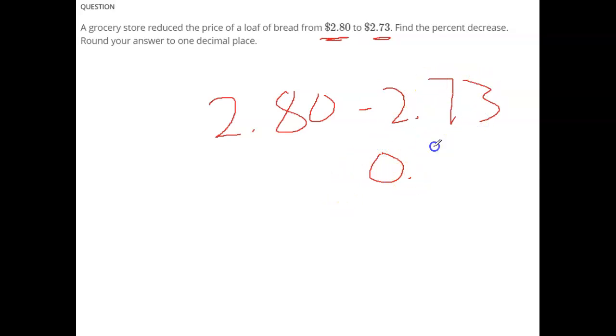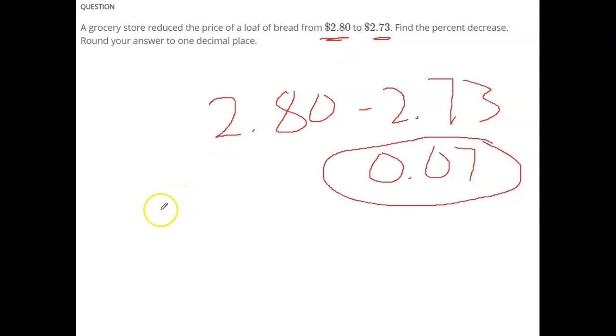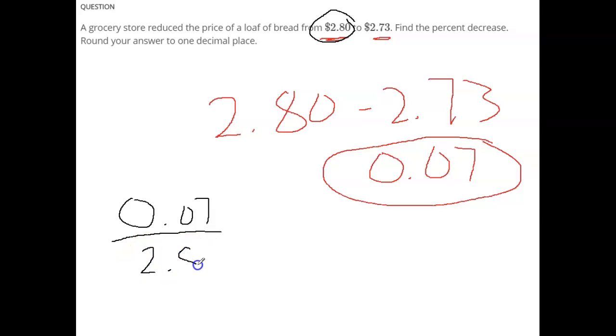The cost has gone down by 7 cents. So what percent of the original price is 7 cents? So you're going to take that number you're looking at, the 7 cents, and just form the ratio comparing it to the original amount. Do that division.